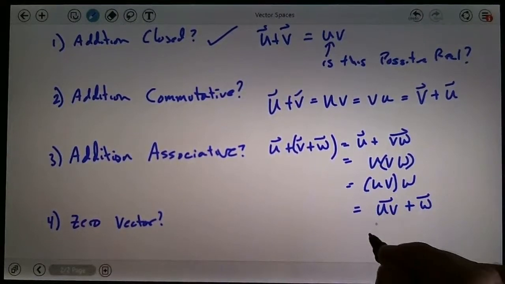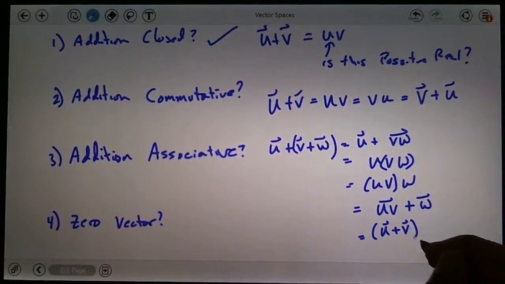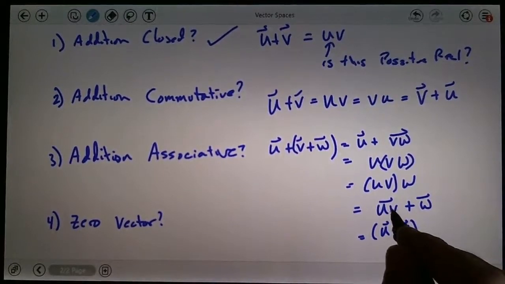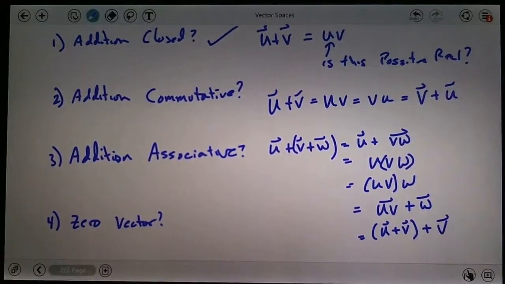But the vector uv is what you would get by adding u and v, right? If you multiply the two numbers together and then take that as a vector. So this is equal to that, sure enough.